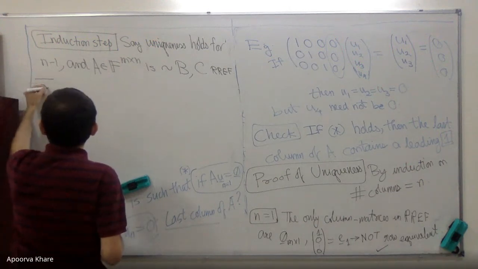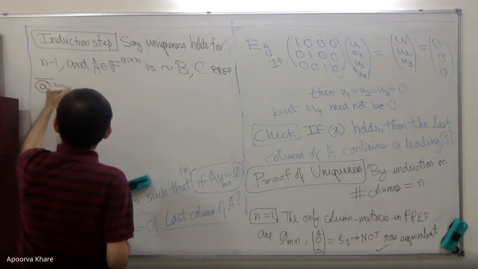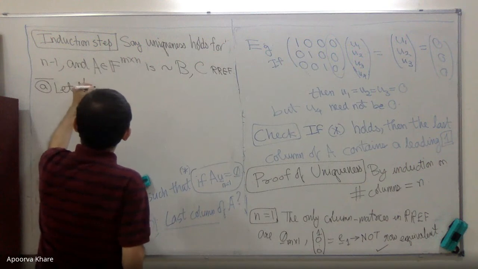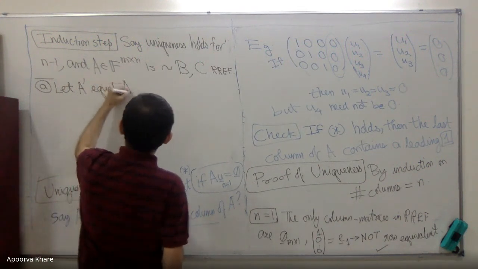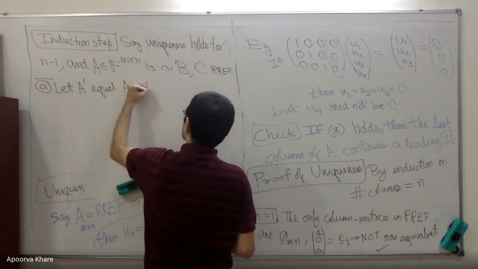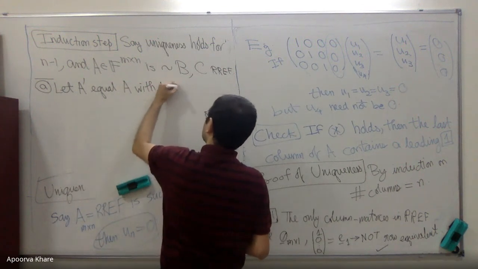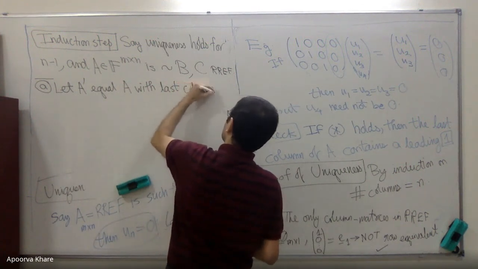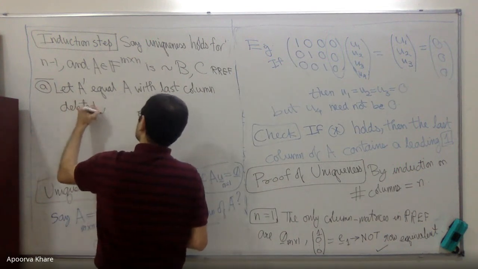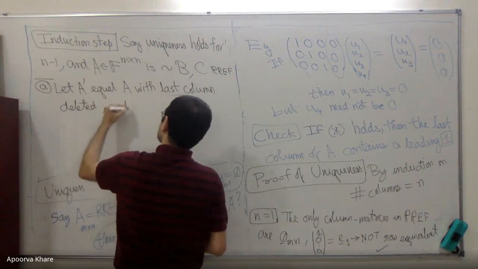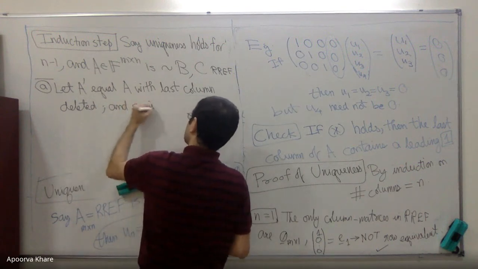So now step A, I'll break it down in steps. Let A prime equal A with last column deleted, and similarly B prime and C prime.